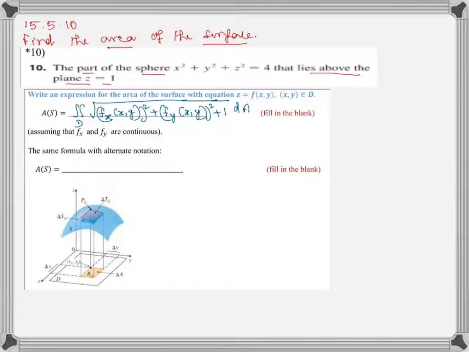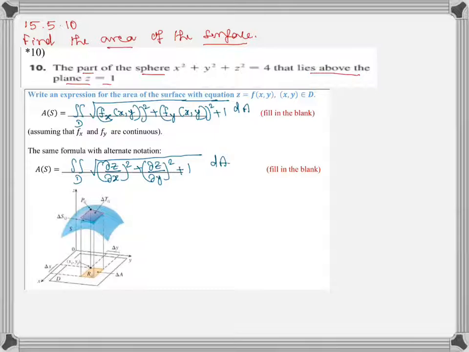The same formula with an alternate notation is: area of S is the double integral over D, square root of the partial derivative of z with respect to x, the whole squared, plus the partial derivative of z with respect to y, the whole squared, plus 1 dA.